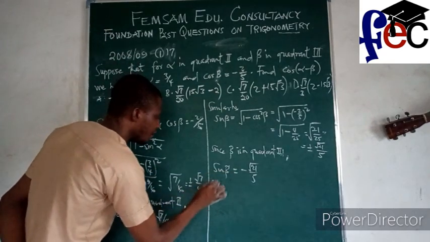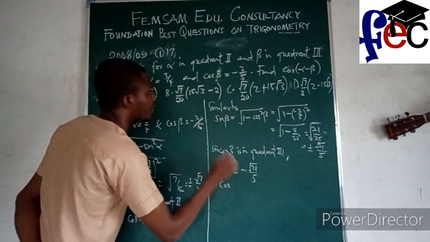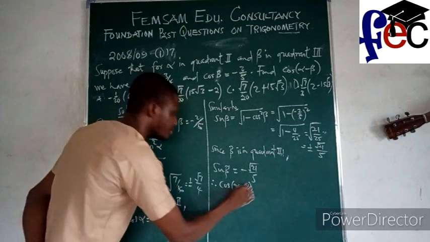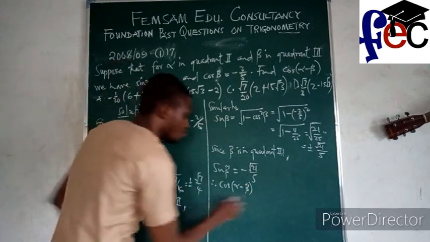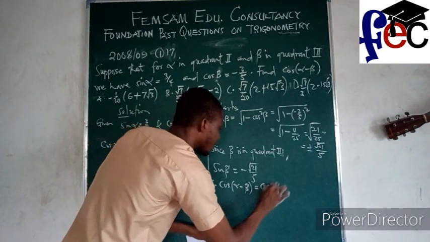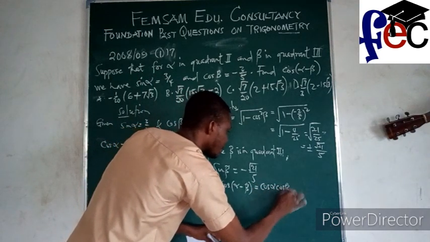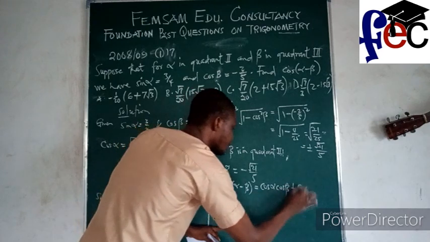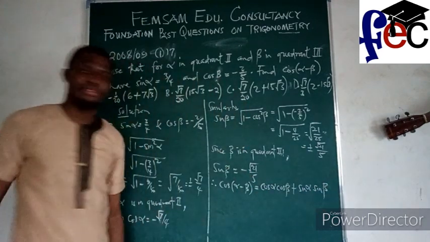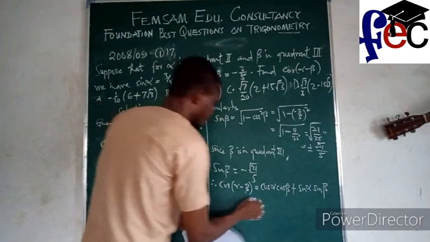I can now say, therefore, what is cos alpha minus beta now? This one, from the expansion, it will give us cos alpha cos beta plus sine alpha sine beta. So I can now indicate the values.